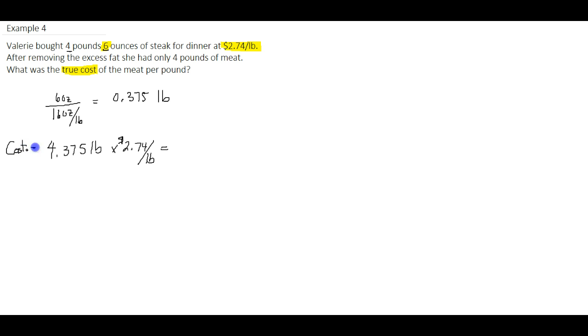So we put that into the calculator, multiply it out, and we get $11.99. So she pays $11.99 for 4 pounds of usable meat.